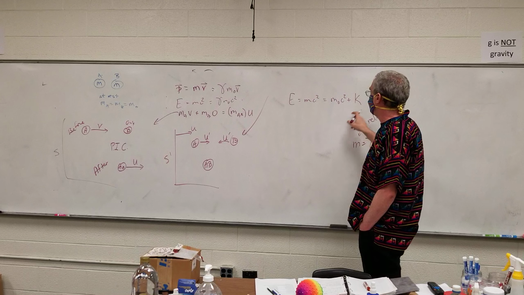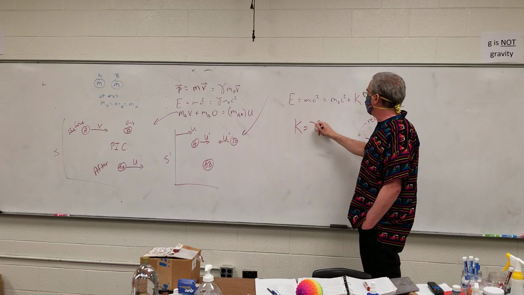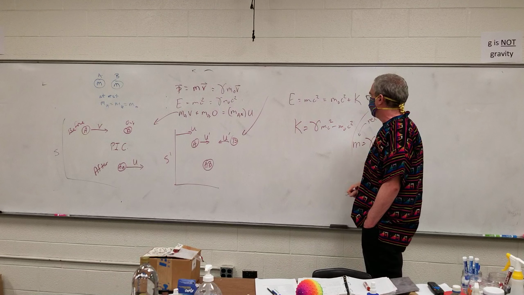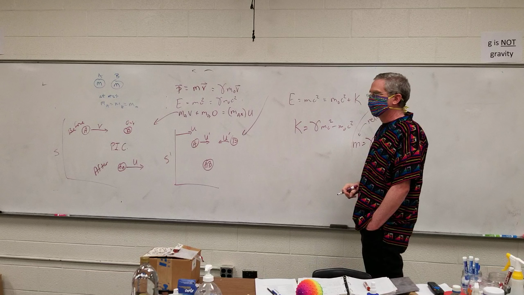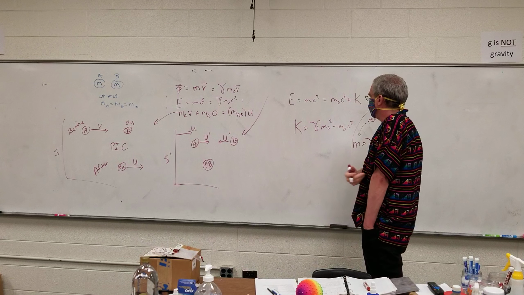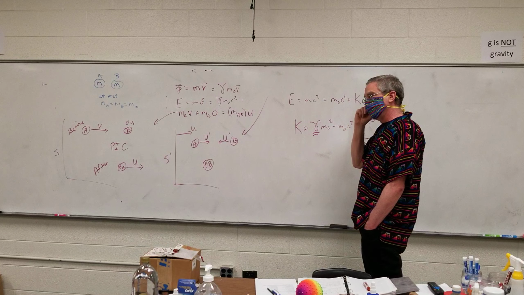Properly, kinetic energy is gamma mc squared minus m naught c squared, if you want to go that route. So v has disappeared entirely. Well, it's built into there.